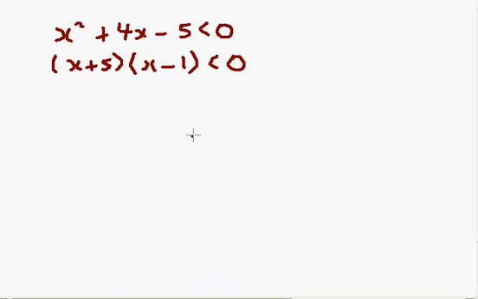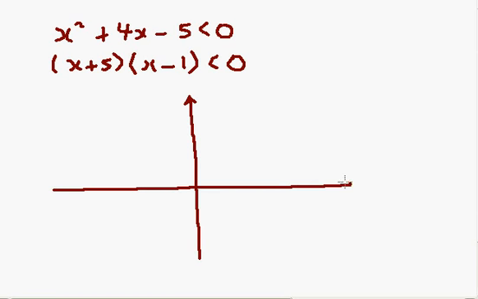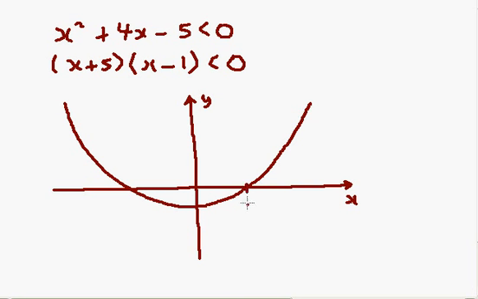Okay, so let's see exactly what this looks like on a graph. So here's my axes, here's y, here's x, and the actual parabola goes to the graph like this, passing through x is 1 and x is minus 5.